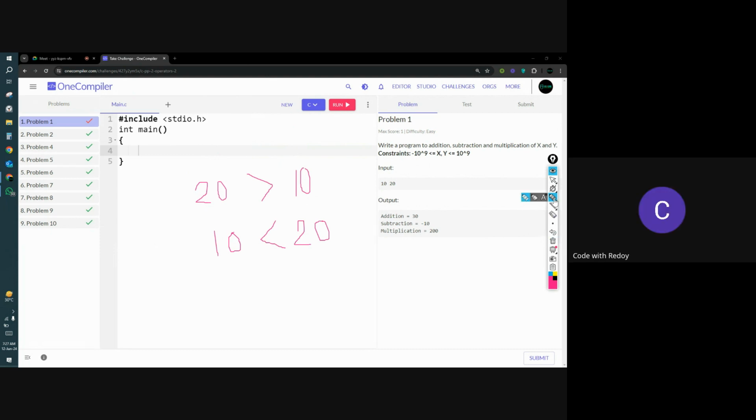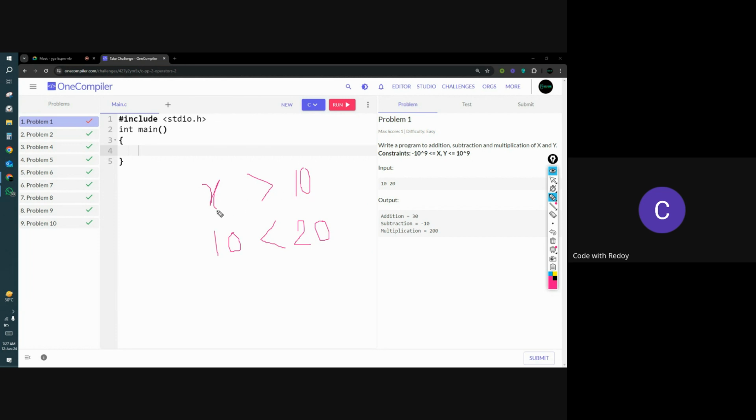That means now we can simply change the 20 to x. Why? Because the value of x will vary. It may be 20 or 30 or 40 or 50, but must be greater than 10, right? That's why I'm writing x greater than 10.